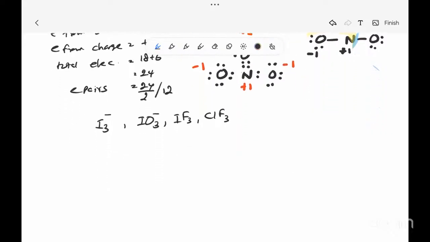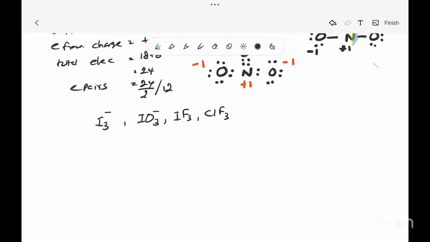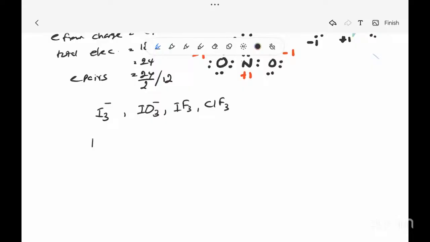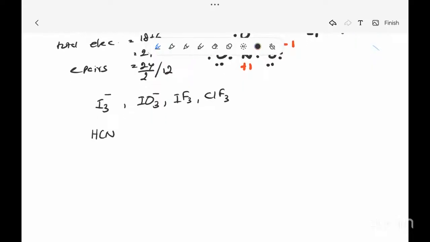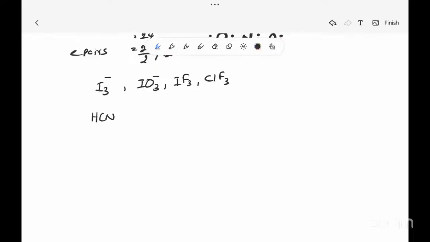I will leave these four for you. Then I will go to HCN. So obviously carbon should be the central atom for this one, right? So central atom, carbon.